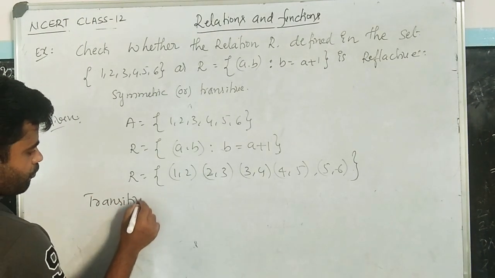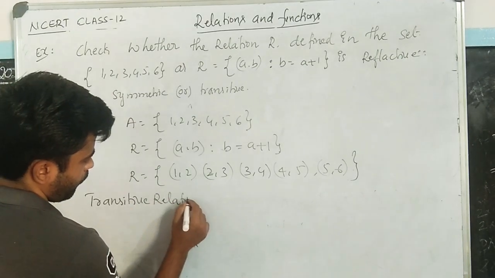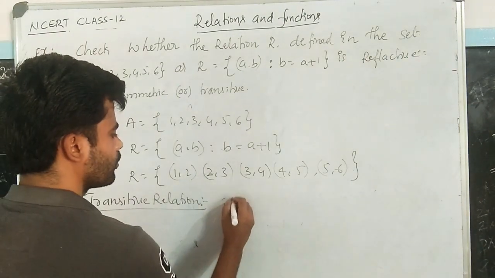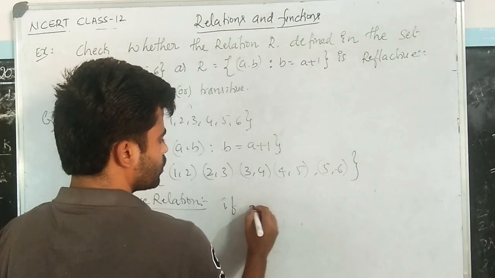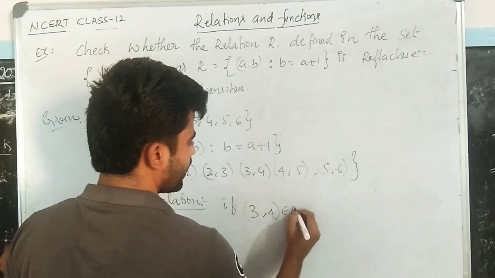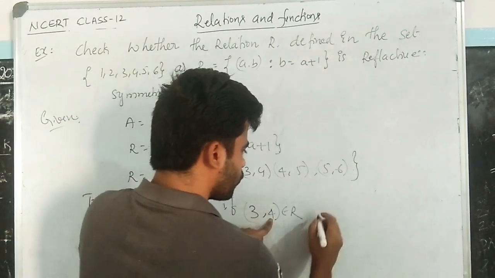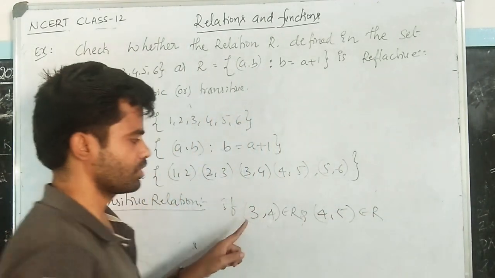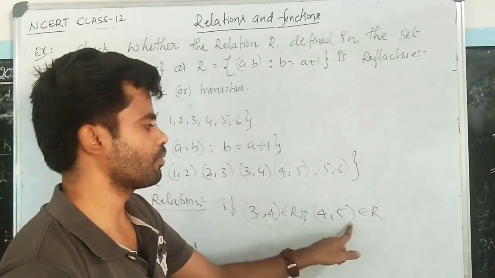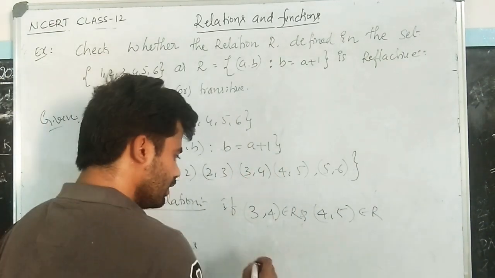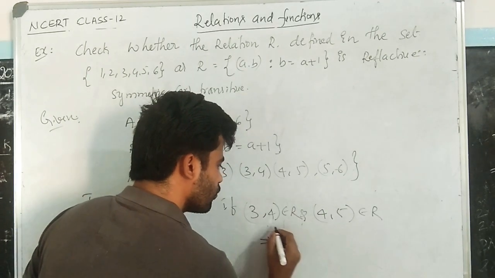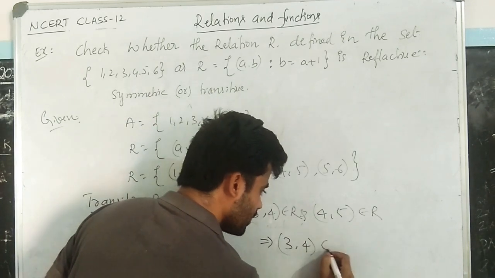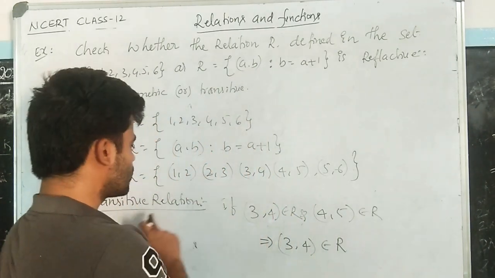Transitive: if (3, 4) is in R, yes, and also (4, 5) is in R, yes, then this implies (3, 5) must be in R, only then it is transitive.